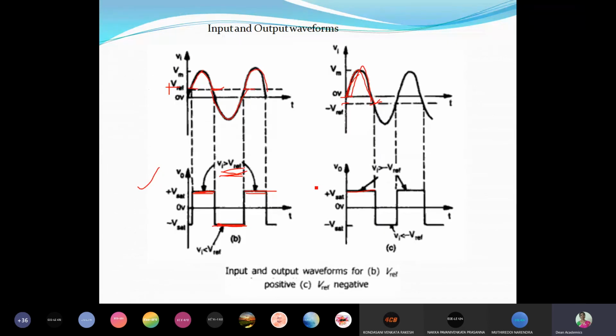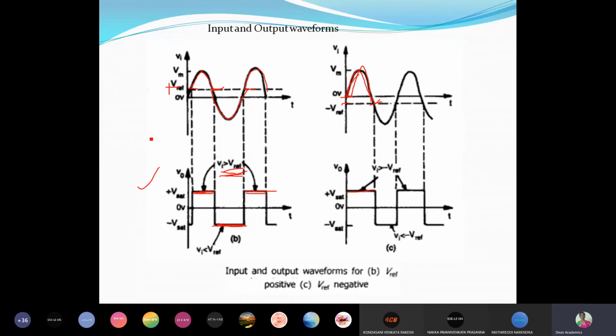Just a comparator which compares two signals. Comparator, is it clear to you or shall I repeat? Shall I explain once again? Why output is at plus Vsat and minus Vsat we know. That is, the gain of the op-amp in open loop configuration is infinity. So we will not measure a very high voltage across the transistor.